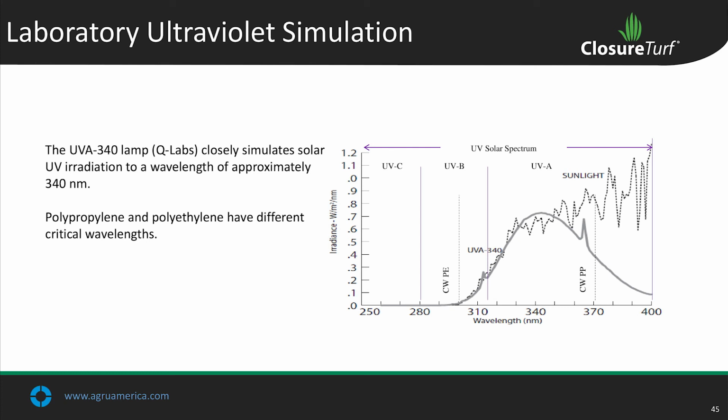You'll see the critical wavelength of polyethylene, where the UV radiation gets into the structure of the polyethylene resin and starts to break it down, is less than about 305 nanometers. Polypropylene is up here somewhere, which tends to explain why polyethylene does pretty well on UV exposure.